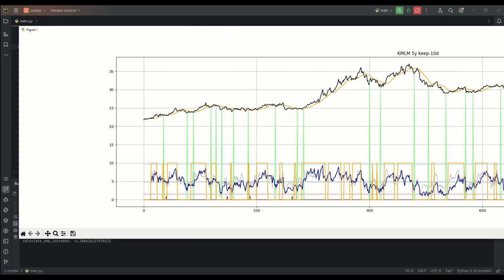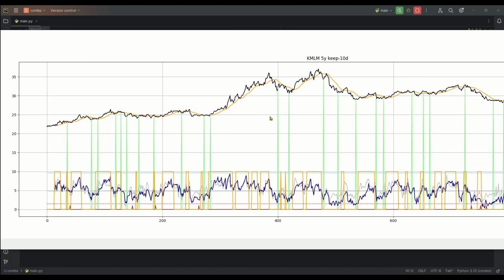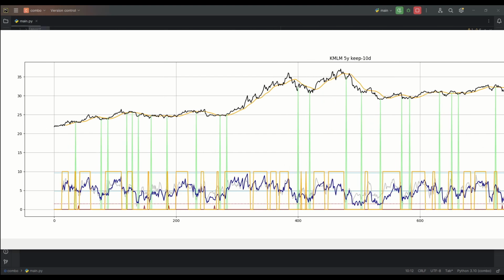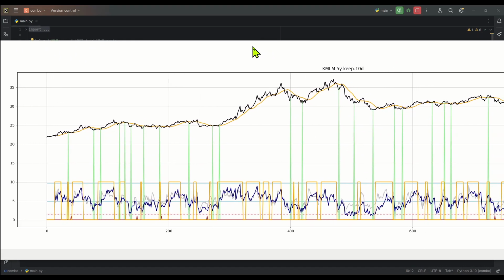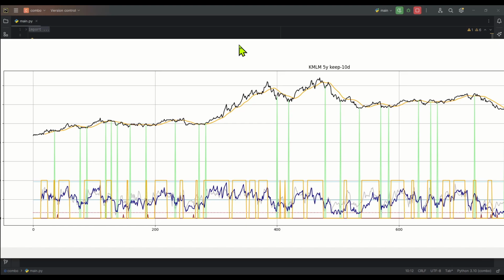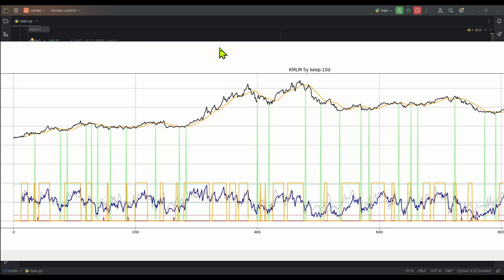Now the win percentage is going to 15%. On a bigger scale, we have yellow, green.